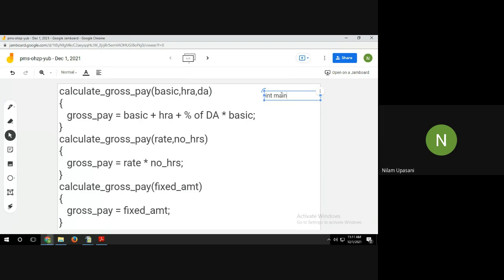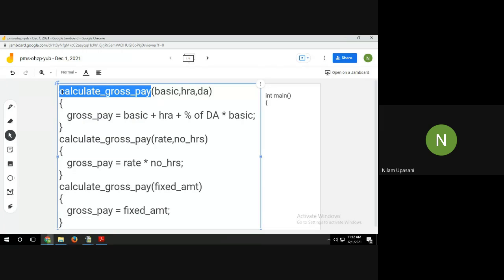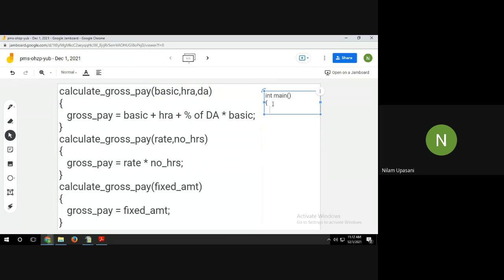int main, and in this main program, if I am calling this particular function with 3 input parameters, I have passed basic as well, say for example 20,000.